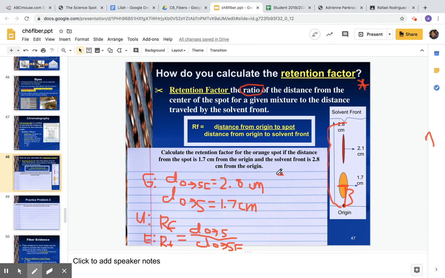And so now I'm going to substitute those in, and I get retention factor, if I have room, is equal to 1.7 divided by 2.8. And let's see if anybody catches me and notices that I left off centimeters.